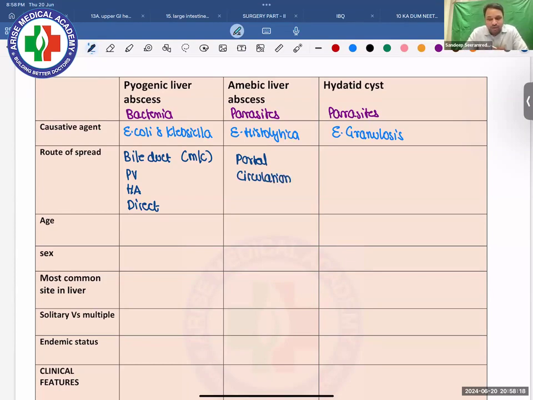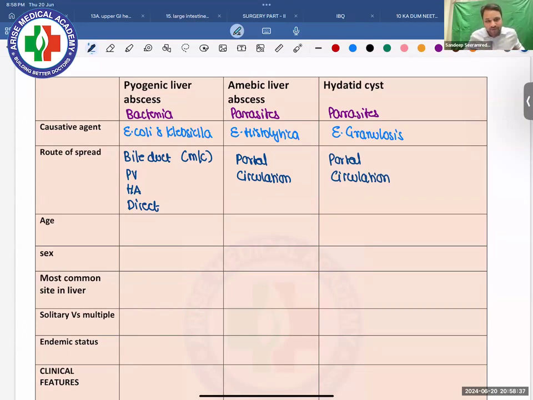Hydatid cyst is Echinococcus granulosus. It enters because of improperly cooked meat infested with Echinococcus granulosus, which the patient eats, and via the portal circulation, the hydatid cyst reaches the liver.